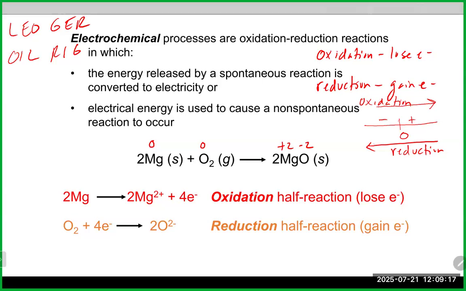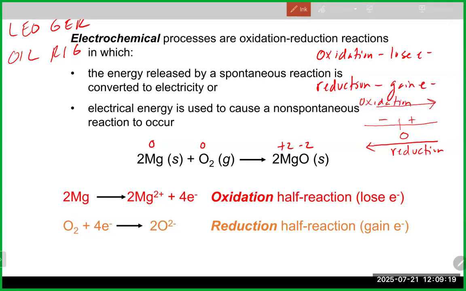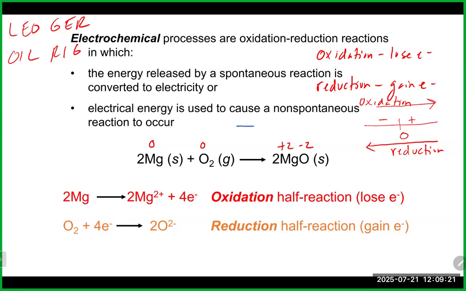So when we look at what's happening here, if we look at the magnesium, how this works is pretty straightforward. Magnesium is starting at 0 on the left-hand side. On the right-hand side it is becoming +2. It is definitely moving in the positive direction, which means in this case, magnesium is going through oxidation.